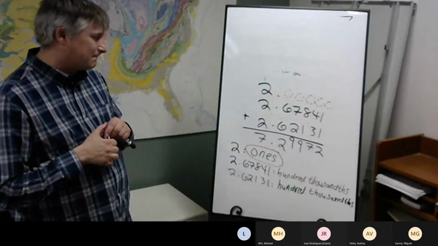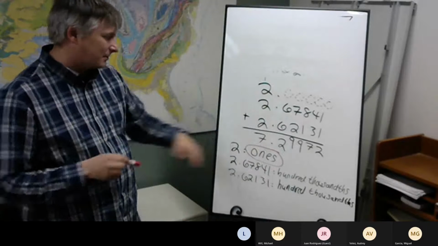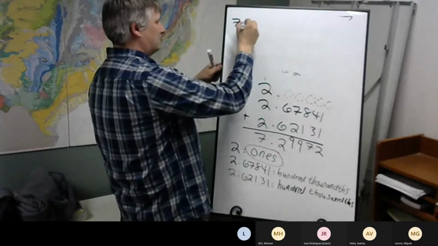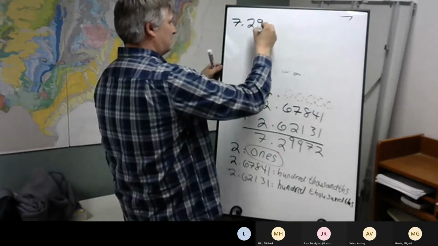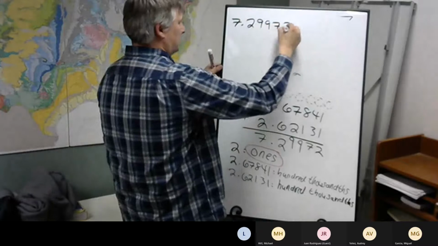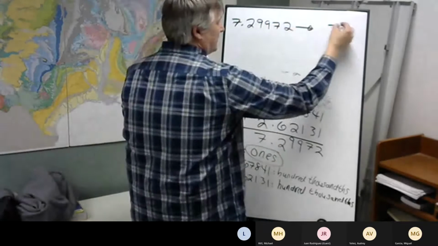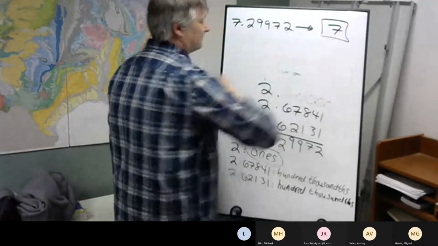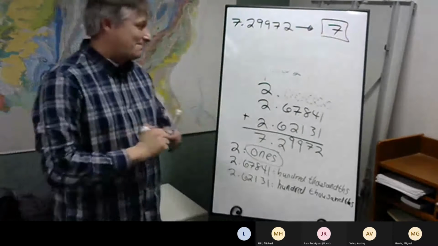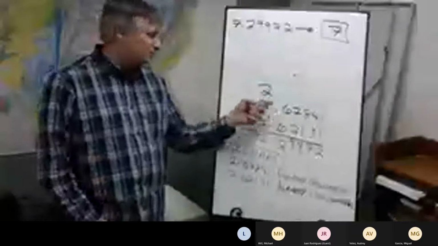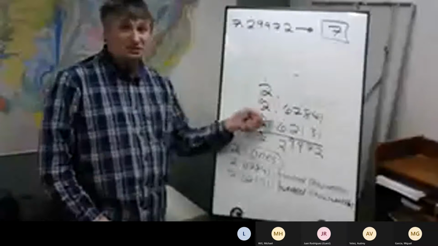So that means this number we're going to round to 7. And I'm assuming, again, we wanted a similar precision in this measurement as in these other ones.